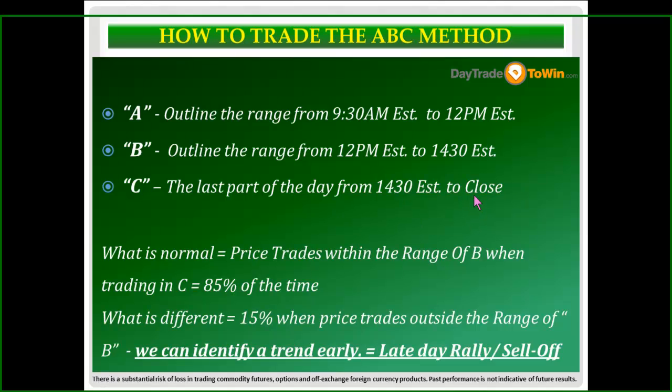But now they've extended the trading for an additional hour, so it's a little bit longer. Again, what's normal is price trades within the range of B about 85% of the time. But when it does break out of it, late day rally, late day sell-off, you got something there for you, okay? And I want to catch that late day rally, late day sell-off, okay?